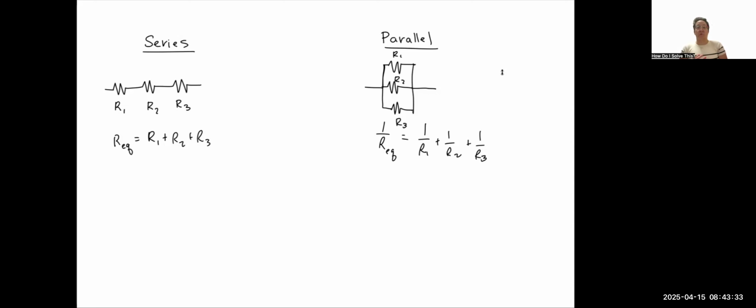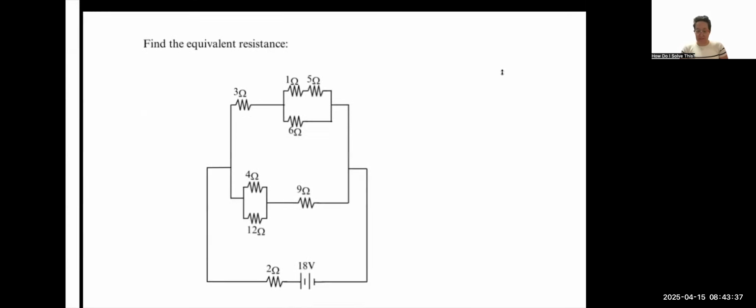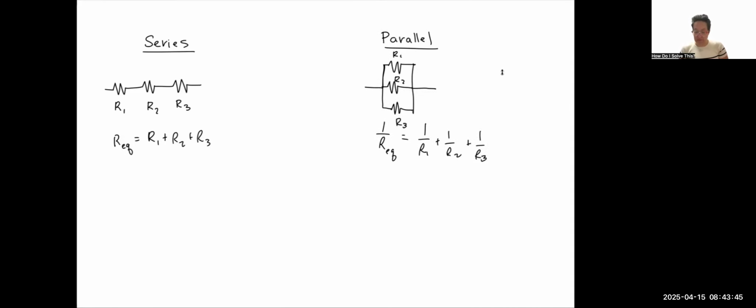When we're looking at a more complicated structure, for example, something like this, we are going to follow a three-step process to find equivalent resistance. The three steps are, first of all, we're going to find a chunk of our circuit that is only series or only parallel.